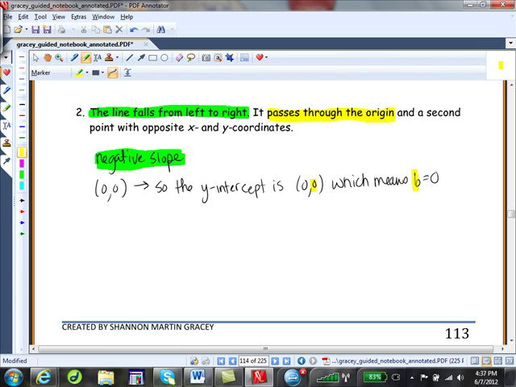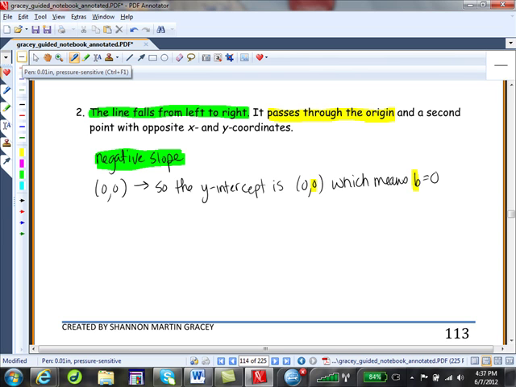So good, we've got part of it. Now we need our slope. Okay, so the next bit of information says it goes through a second point with opposite x and y coordinates. Opposite x and y coordinates.